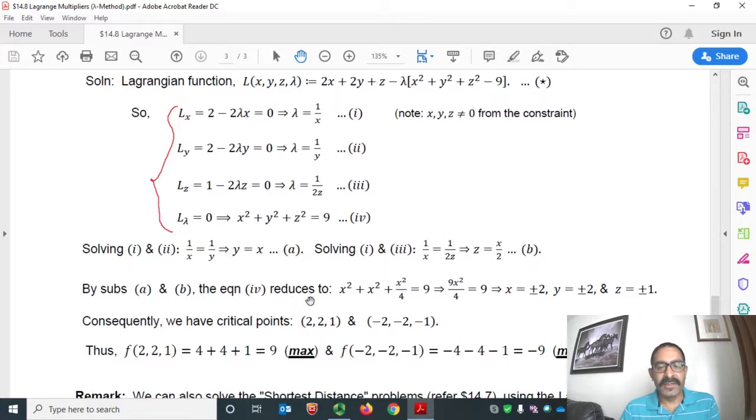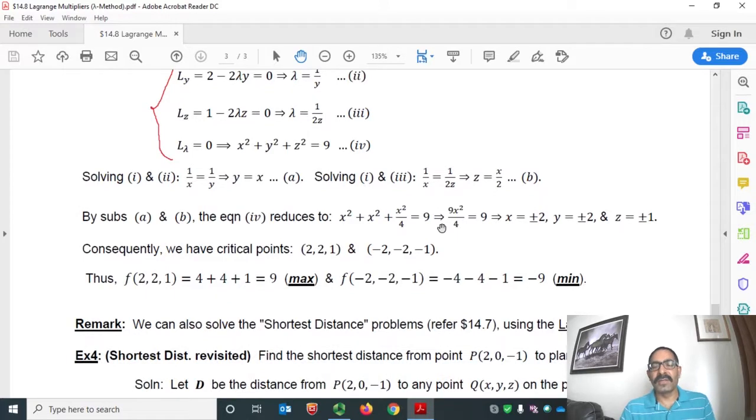Then equation IV reduces to x square plus y square, so again x square plus x square plus z square, x over 2 squared, equals 9. Solve for x. This gives us x equals plus minus 2. Since y equals x, y is also plus minus 2. Then z equals x over 2, so z equals plus minus 1.